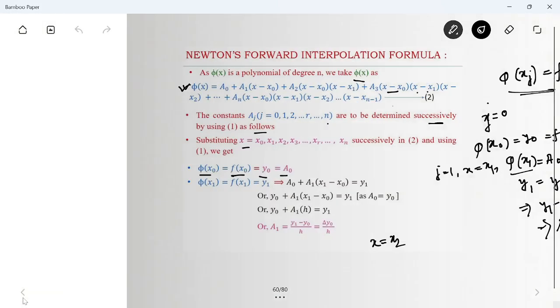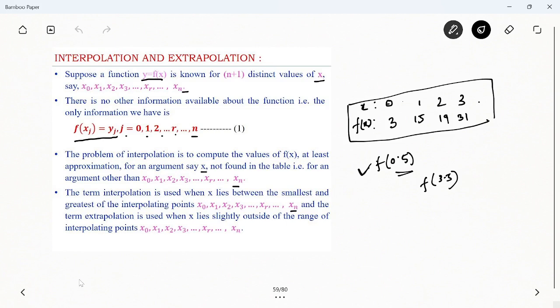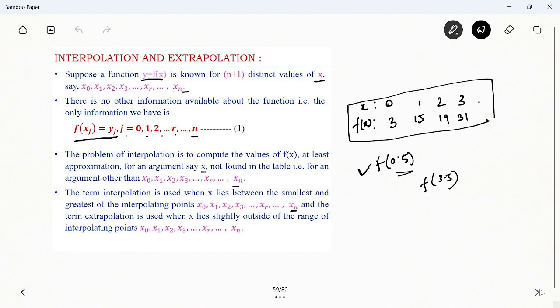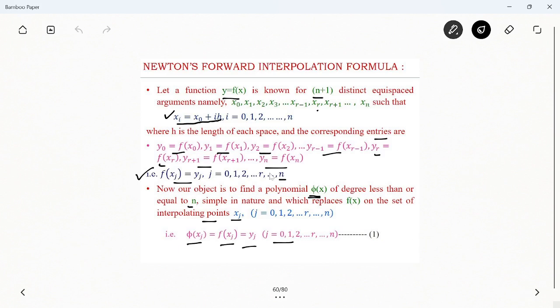Now again I am discussing from the beginning what we did here. First I discussed the definitions of interpolation and extrapolation. Next, we discussed Newton's forward interpolation formula.